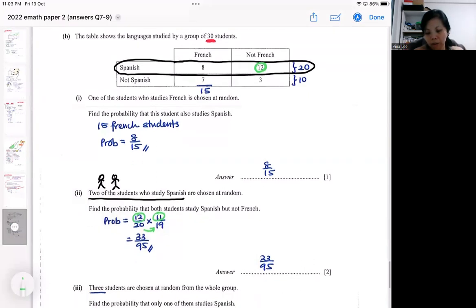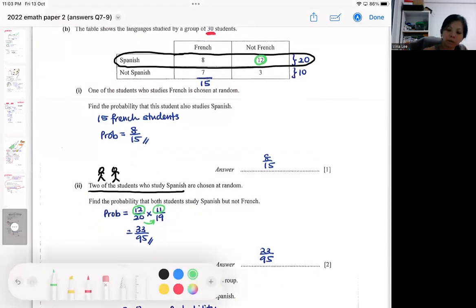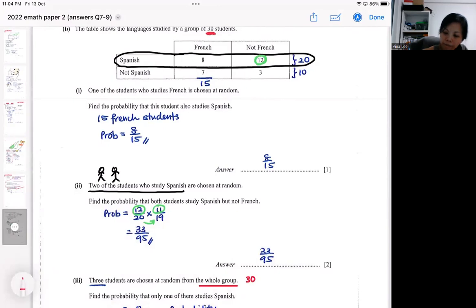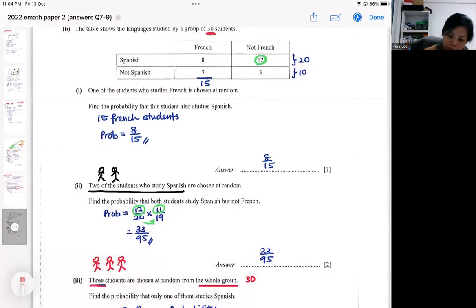Then the next one, 3 students are chosen from the whole group. Whole group, that means there are 30 students. So you've got 3 students that you are choosing. Okay, so I'm going to erase this part.